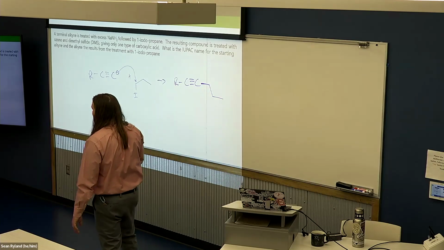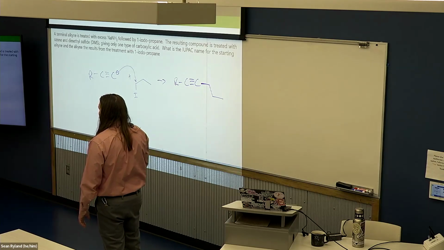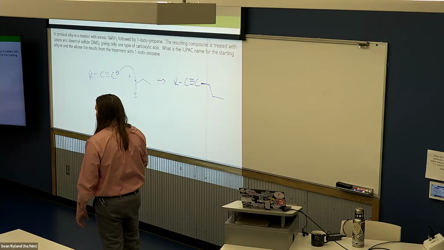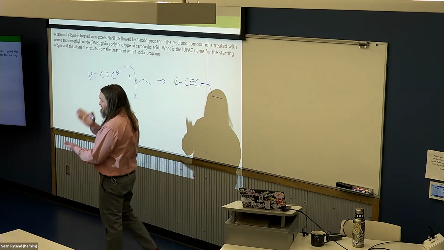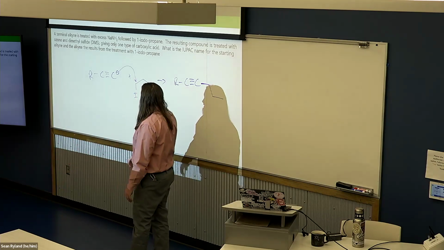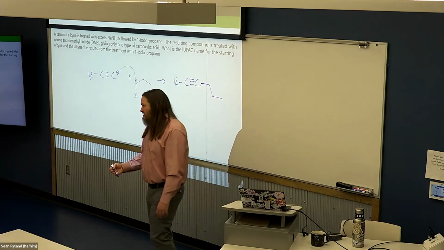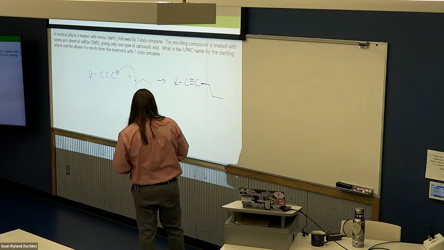So when we split it in half, we only get one molecule as a result. What does that tell us about that molecule? We know it's symmetrical, because ozonolysis chops the pi bonds in half.